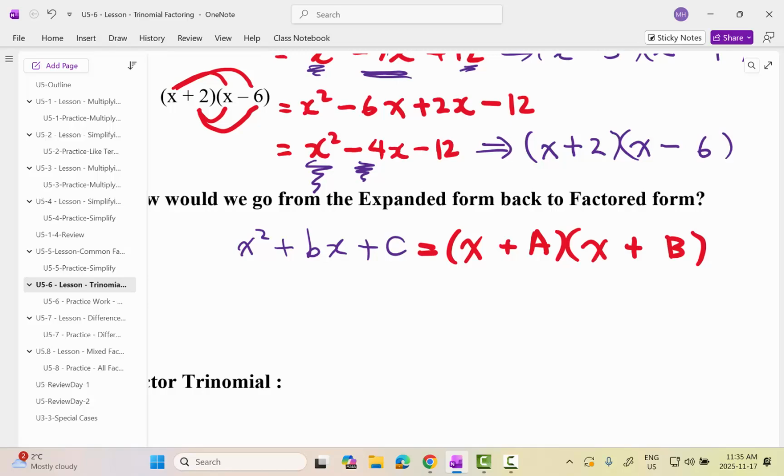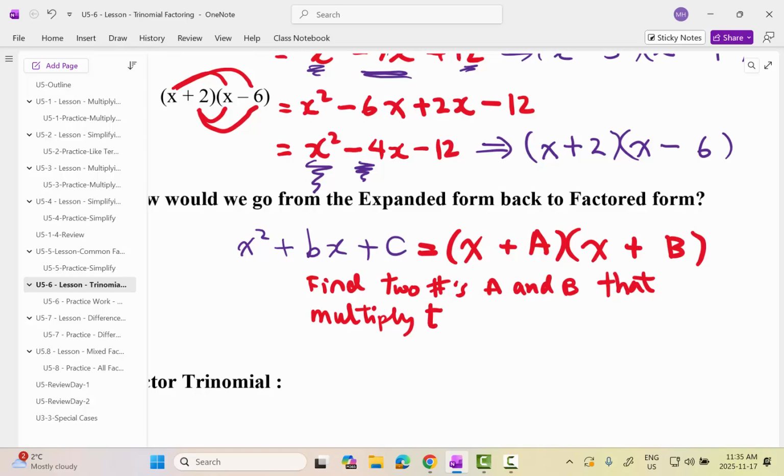C. So what you need to do is find two numbers, A and B, that multiply to C. You understand?